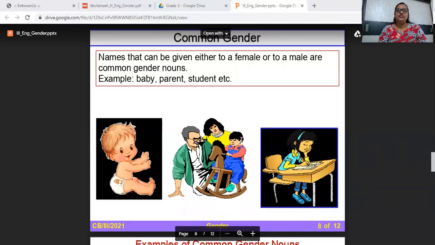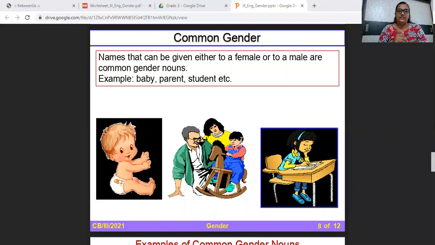So now let's move on to the third type of gender, that is common gender. What do you mean by common gender? Common gender means a noun which is either a male or a female. For example, when I call one of the students, come here, you don't know whether I called a boy student or a girl student, right?